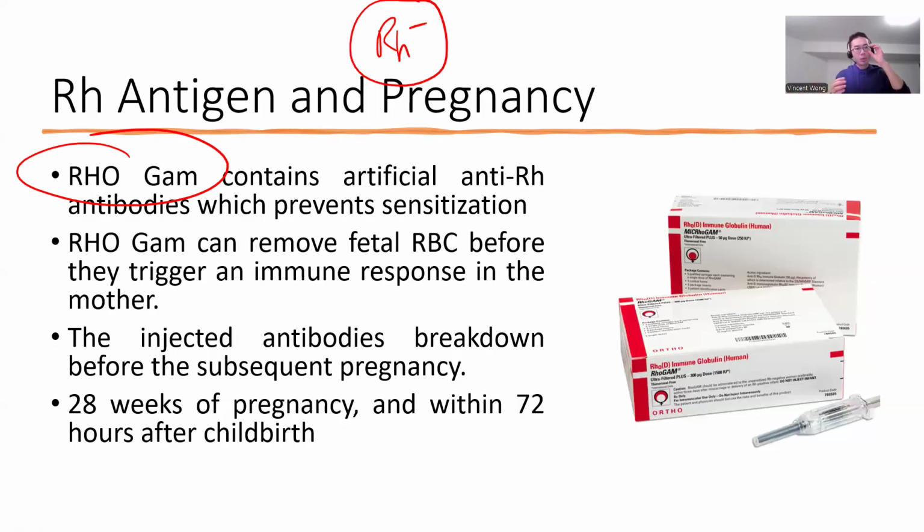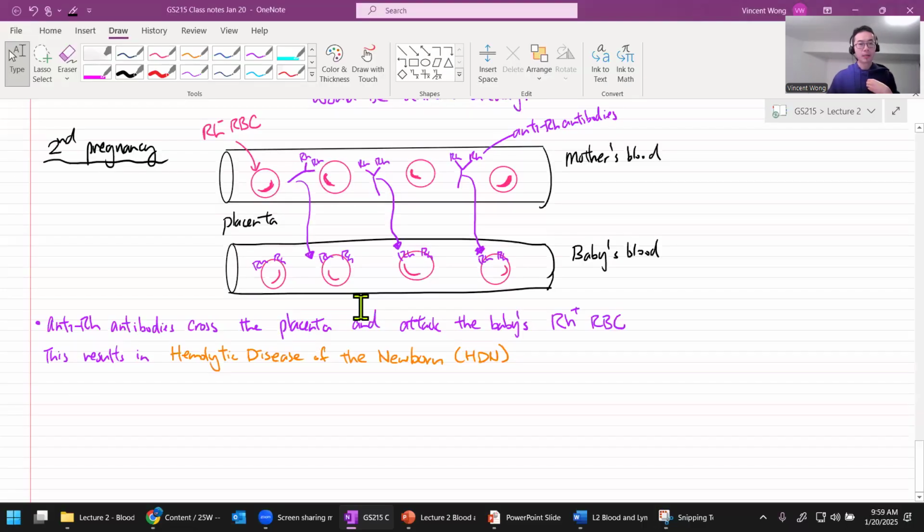So what does it do? This RhoGAM is anti-RH antibodies that will remove any baby's cells in the mother's body. Let's go back to our picture here.